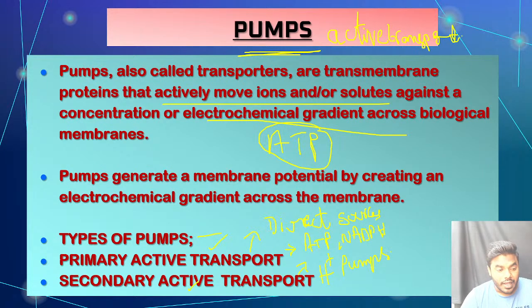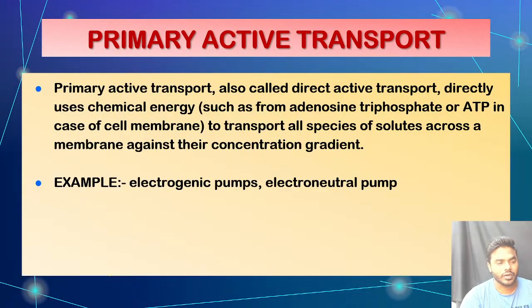So primary active transport utilizes energy from direct sources; secondary active transport utilizes energy from indirect sources. When we read phloem transport, automatically you will understand secondary active transport.